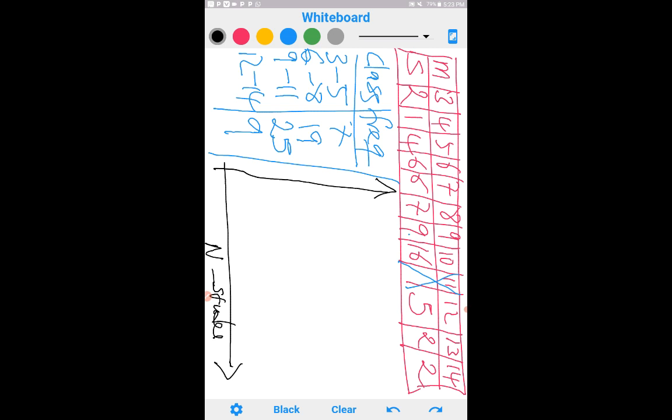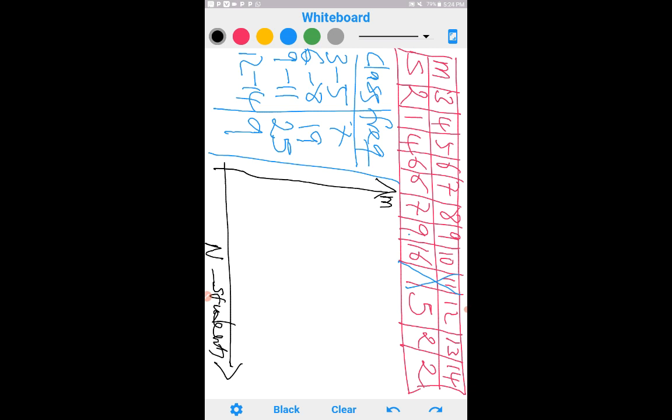Here you put number of what? Mangoes. Number of mangoes. So now you have to put the various, okay, actually I want to put by the class.